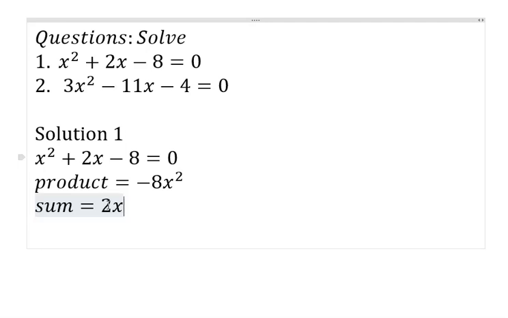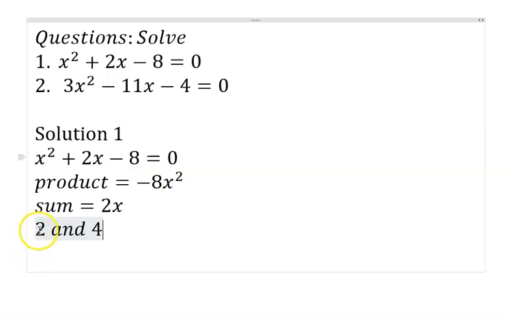So let's see how we can bring them out. Let's say 2 and 4. It will work, but let's see how we're going to place those signs and x. If you say 2 times 4, it will give us 8, and we need minus 8. That means one of those numbers will have minus.